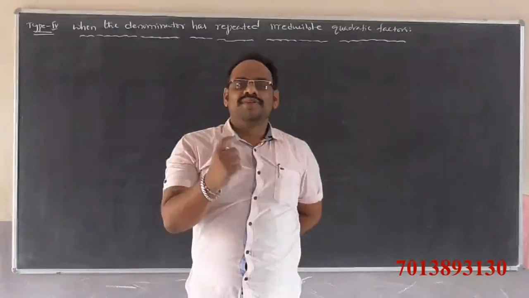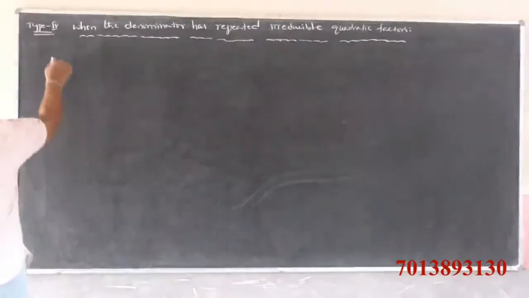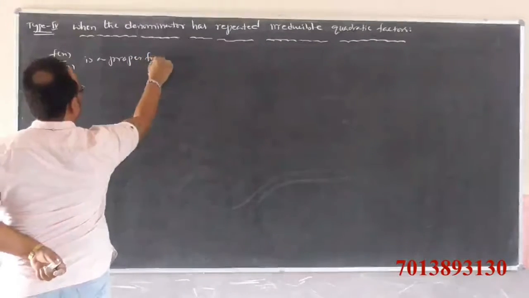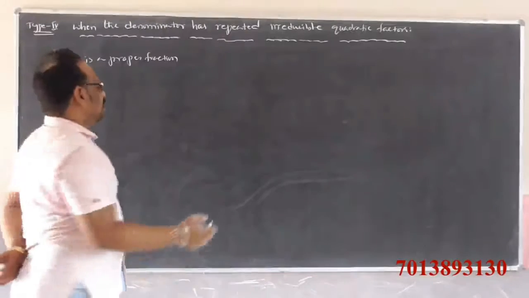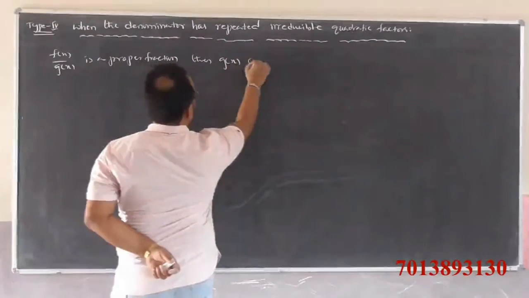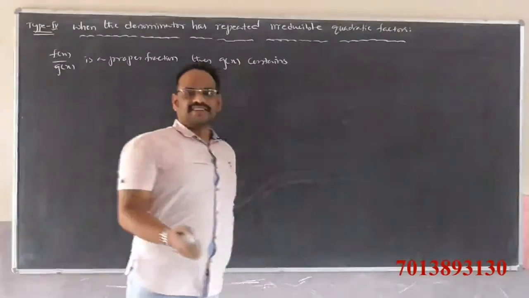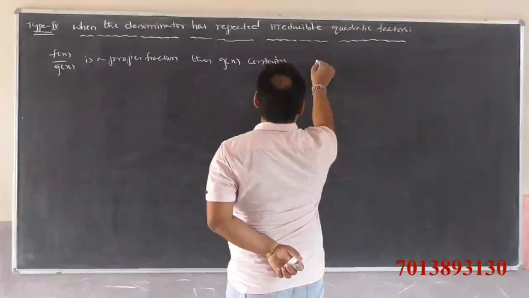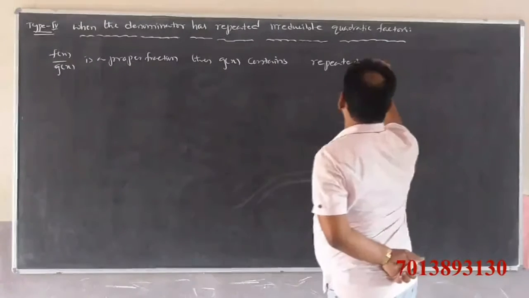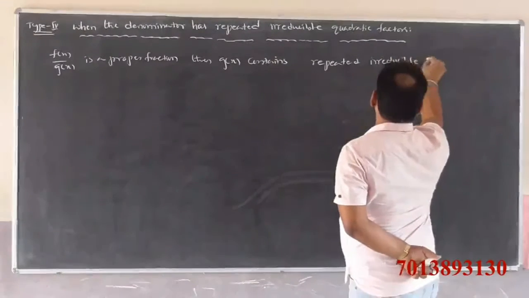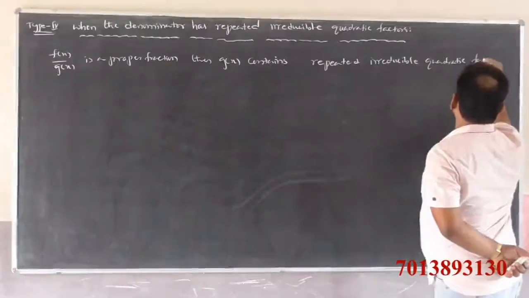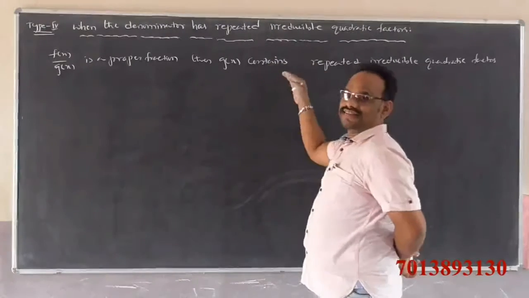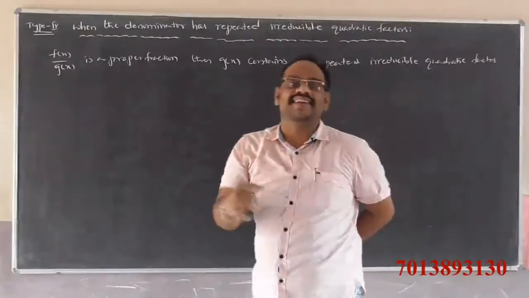How to resolve into partial fractions? That means f of x by g of x is a proper fraction, and g of x contains repeated irreducible quadratic factors.